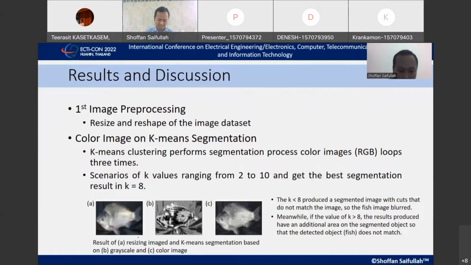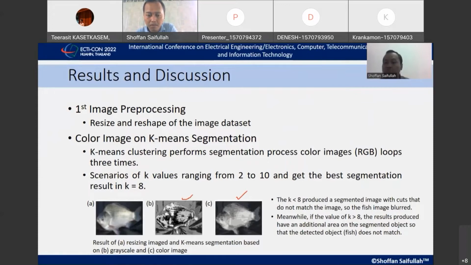This is an example of the result of our process, especially the K-means segmentation on grayscale. This is the grayscale and this is the color image. A K less than 8 produces a segmented image with a cut that does not match the image, so the image has a blurred result.